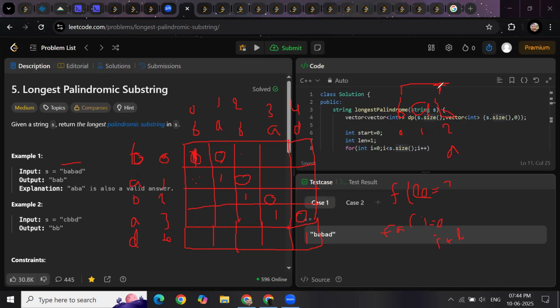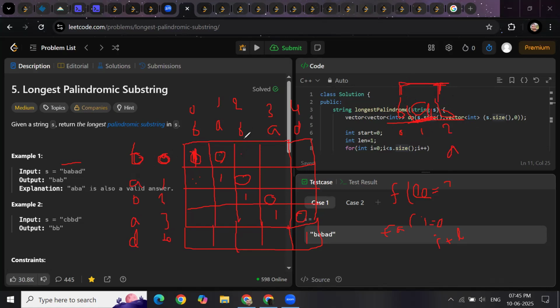If they are equal, then I will check whether the substring in the middle of these two characters is a palindrome or not. If this is a palindrome, then only the whole string will be a palindrome. Okay. So two conditions are there. One, these characters should be equal, and the string appearing in the middle of these characters should be a palindrome.